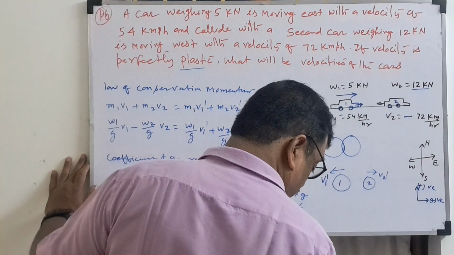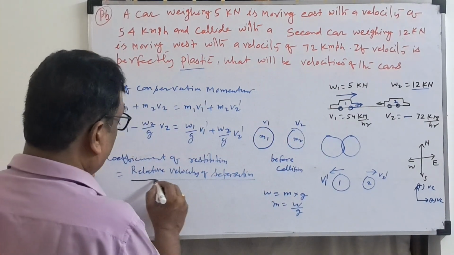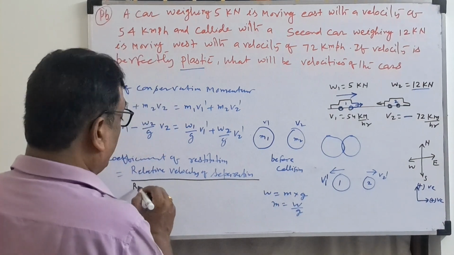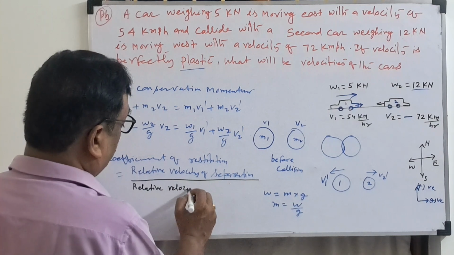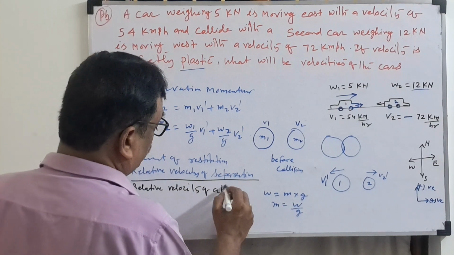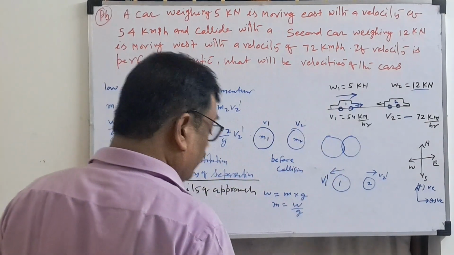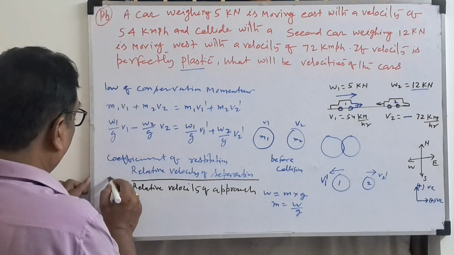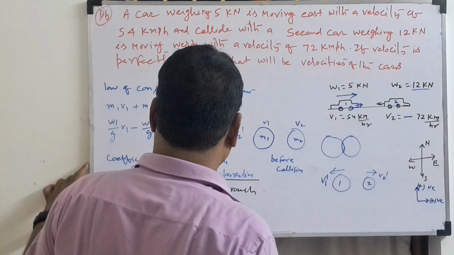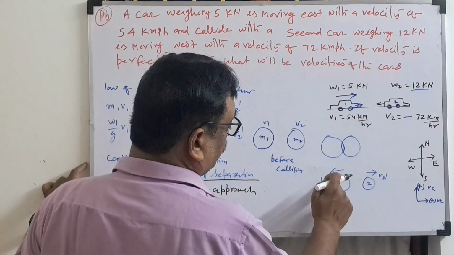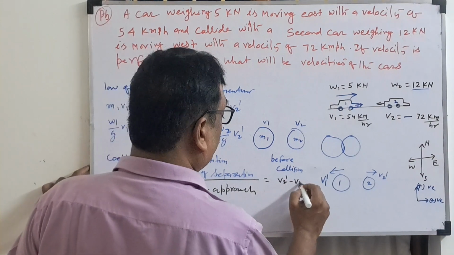We use the symbol e for it. The velocity of separation is the relative velocity, that is v2 dash minus v1 dash.